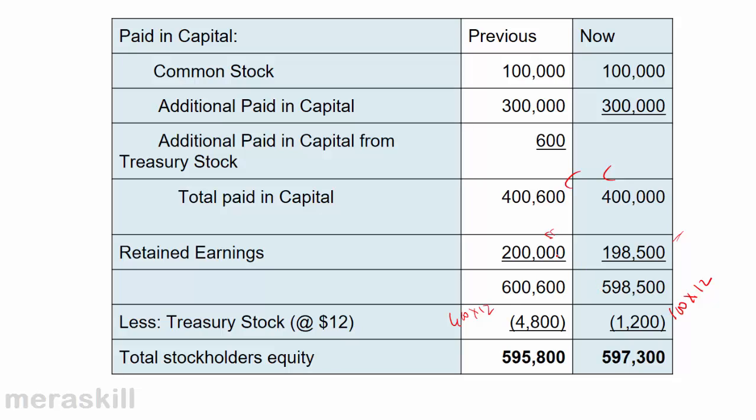That has also come down. Then we reduce the amount of treasury stock from this capital. How much do we reduce? We had 400 shares before. Now we have only 100 shares because 300 shares were issued at a loss. So reduce the cost of the treasury stock, and finally you get the total shareholders' equity.